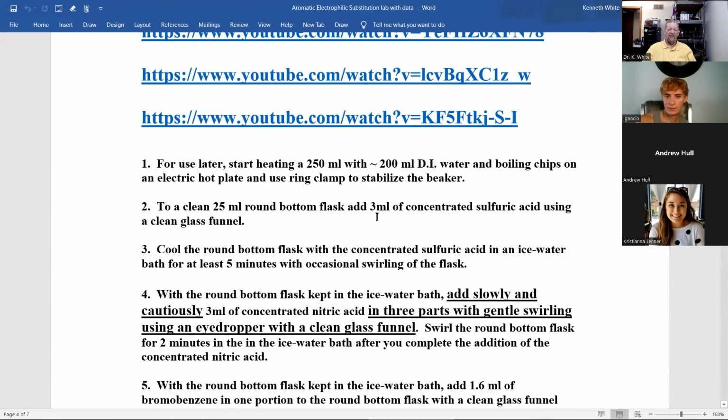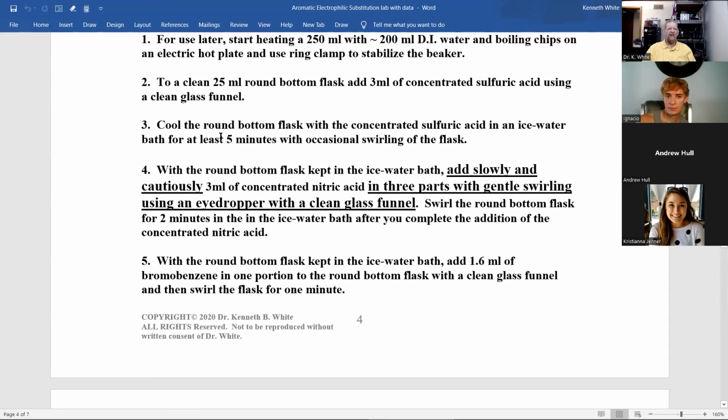And in a round bottom flask, you'd add the concentrated sulfuric acid with a funnel, and then you would add slowly, well, you cool it first in an ice bath, then slowly 3 milliliters of nitric acid in 3 parts dropwise, because it gives off a lot of heat, exothermic.